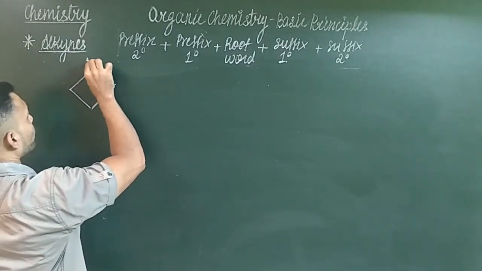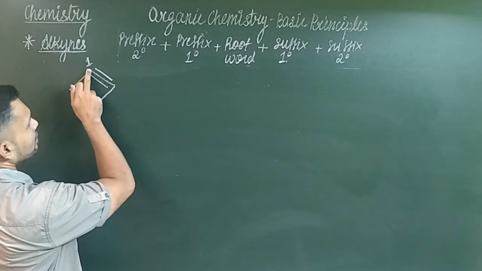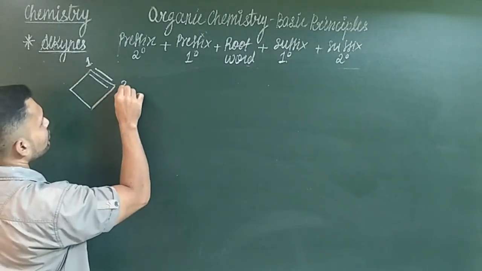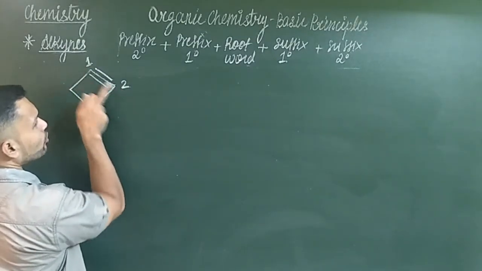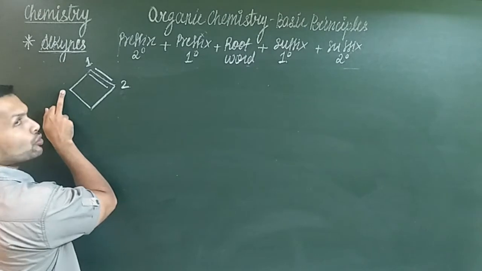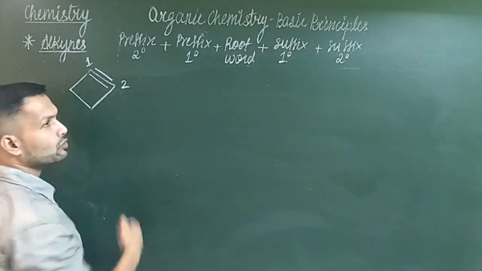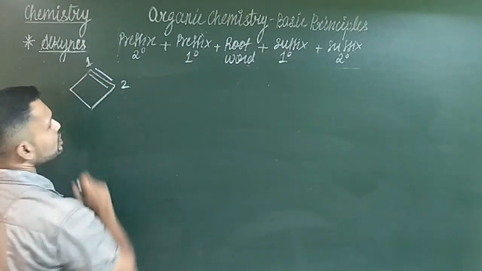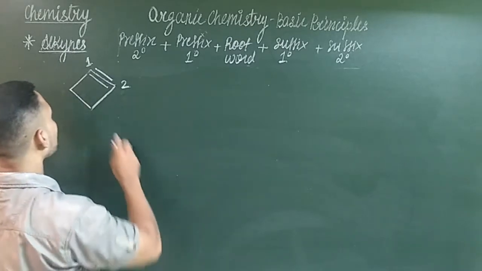One thing to remember: if you have labeled this as 1, then common sense says the immediate second carbon should be this, because first and second should be those carbons where the triple bond is lying. Don't go over here. Some students make that silly mistake. 1, 2, 3, 4, they go like that in some cases. But if you have labeled this one, then surely the next carbon will be the triply bonded carbon, that will be 2, and 3 and 4.